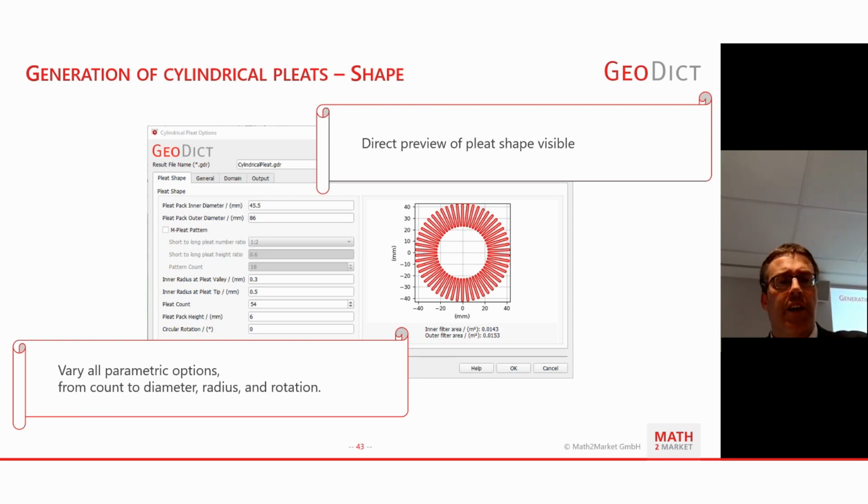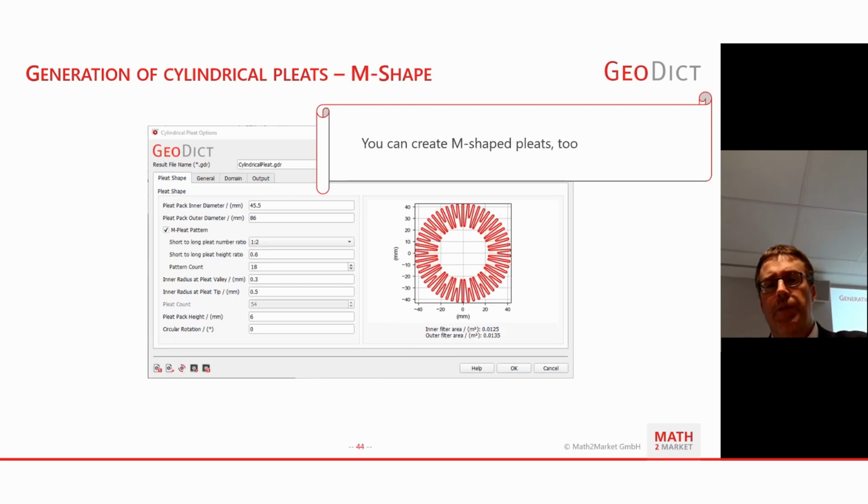If I change anything there, the cross-section of my pleat directly changes. This is especially true if I click on the M-shaped. It's possible to have an M-shaped pleat, so a long pleat, a small pleat, a longer one, but that's actually not included in our workflow, so we will not use that.